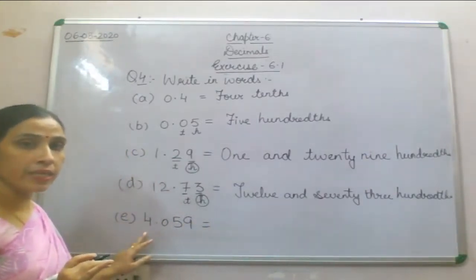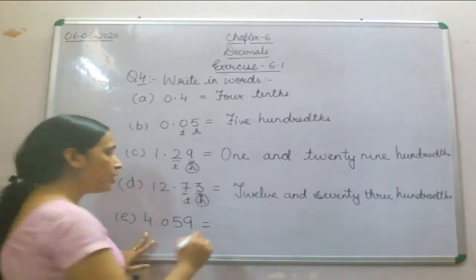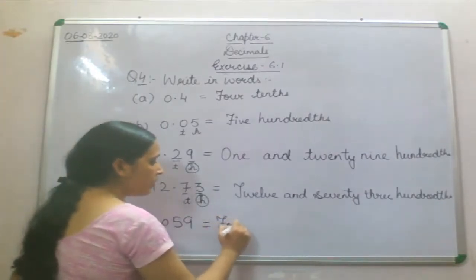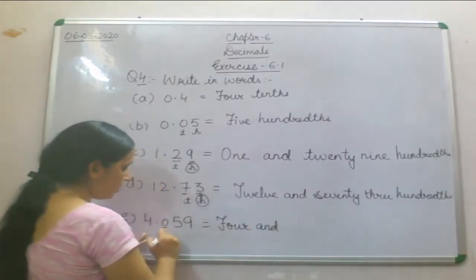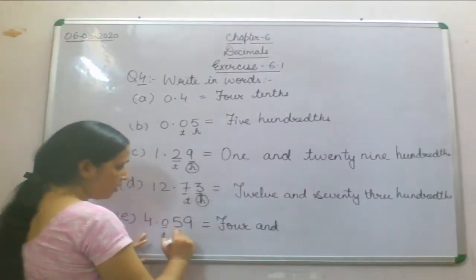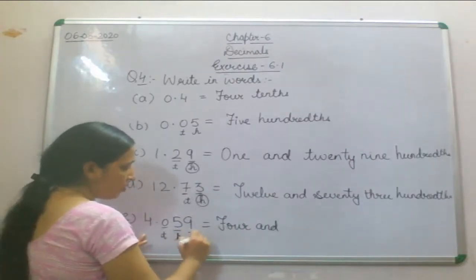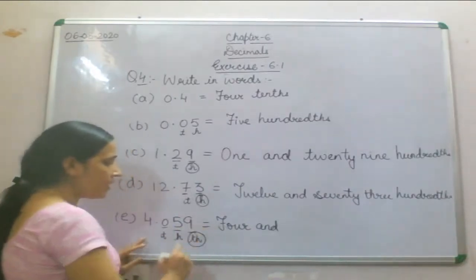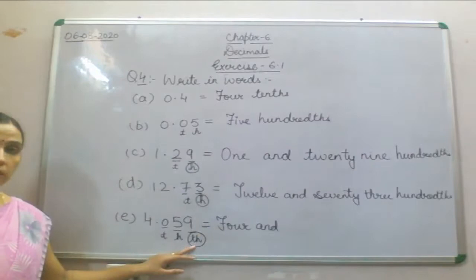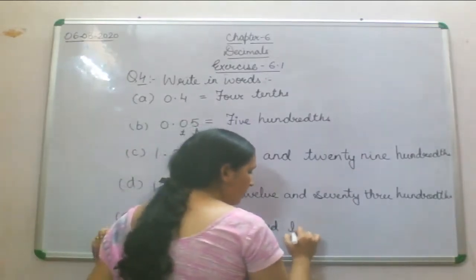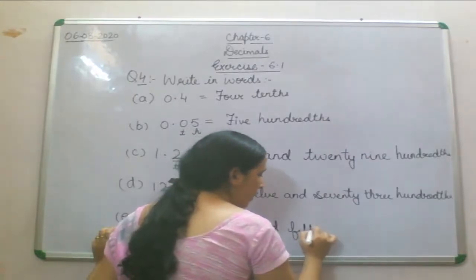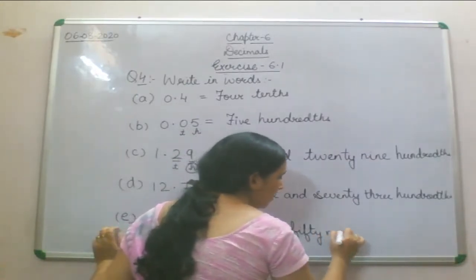Now you can see here 4 is the whole number. So we will write this 4 as it is. And now this is your tenths place, this is your hundredths place, and this is your thousandths place. Whichever place is highest, thousandths. So we are going to take it as 59 thousandths.